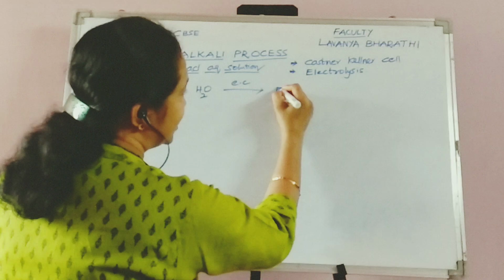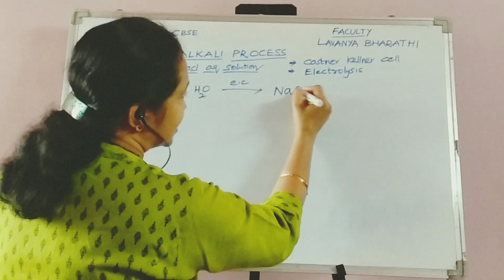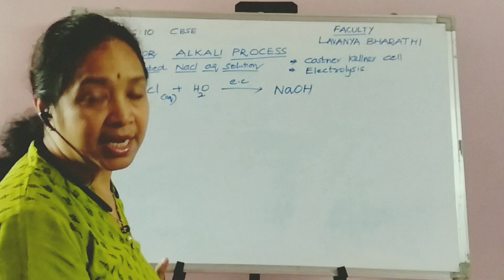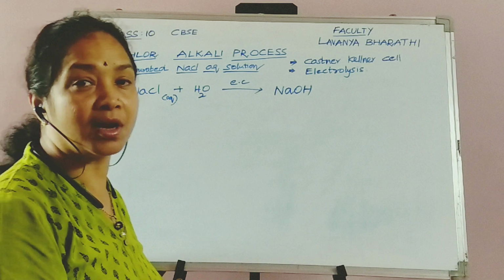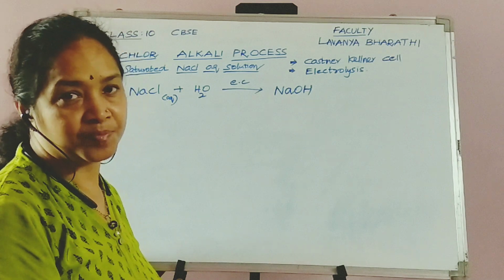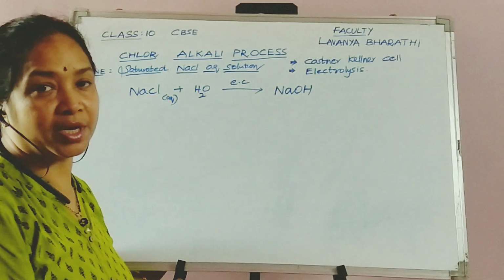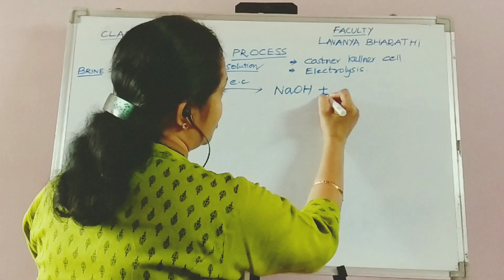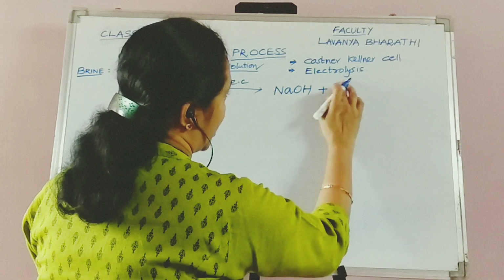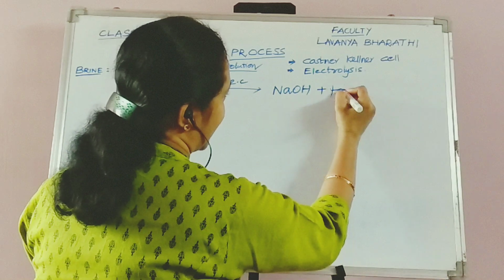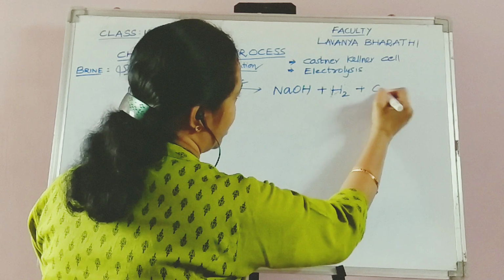What is the alkali that is obtained? The alkali obtained is sodium hydroxide, NaOH. We also call it caustic soda. Caustic soda is the common name of sodium hydroxide. And then you also obtain hydrogen gas as well as chlorine gas.